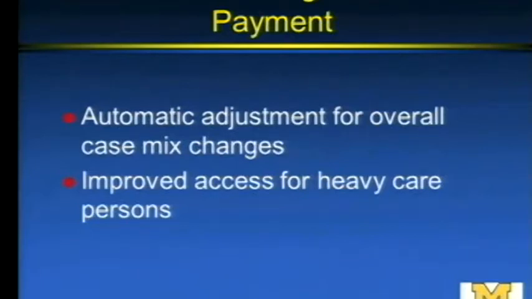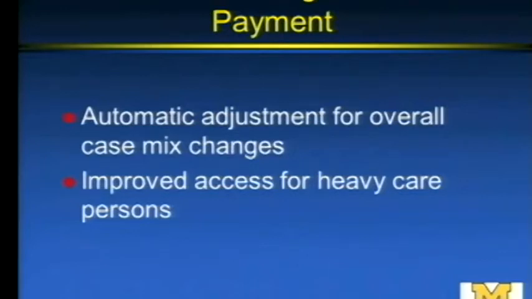So some of the other advantages of case mix payment, this is one where you guys should be very interested. Right now, the size of the pie is essentially fixed every year by your legislature, and maybe you'll get an annual increase of some percentage. But what happens if facilities actually are taking much heavier care people because of the incentives of a payment system, for example, getting rid of the current incentive to care for light care people by being paid on the average for a very light care person?